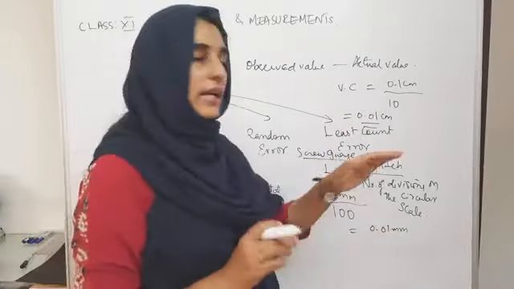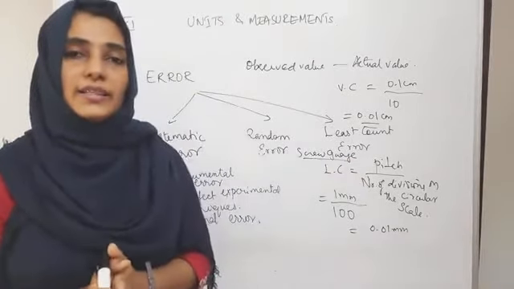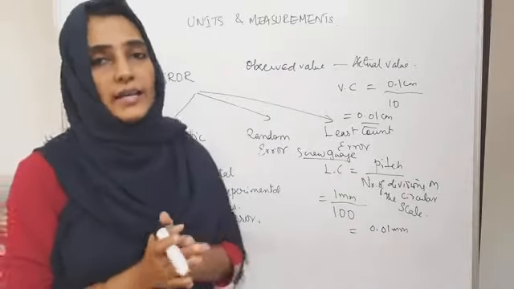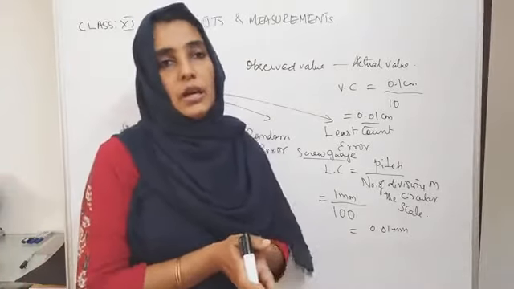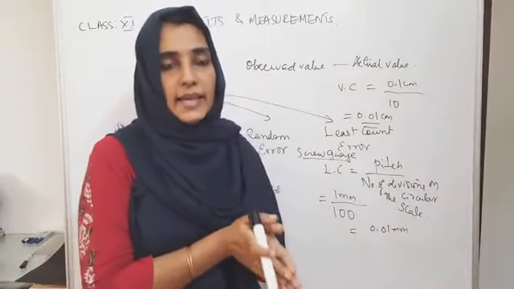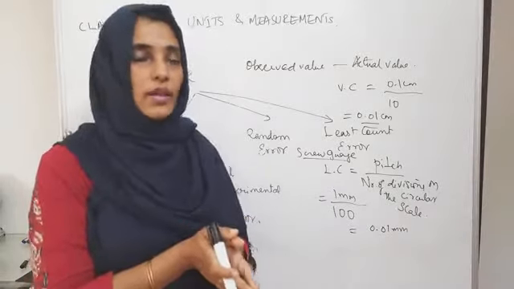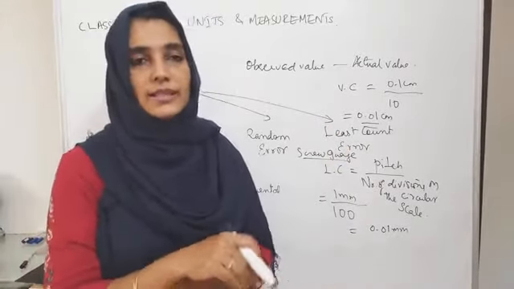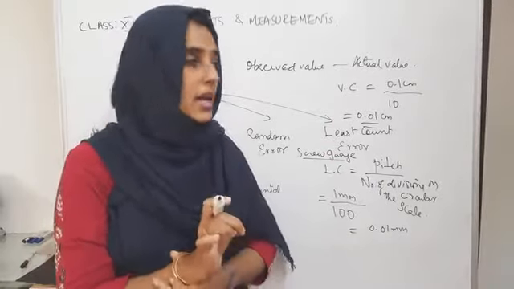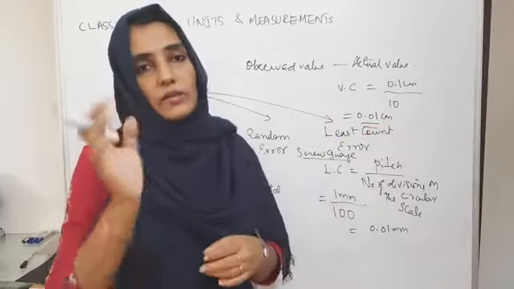So least count error is the error associated with the least count of an instrument. Suppose we don't know to what extent error occurs in an instrument. It will occur of the order of the least count of the instrument.